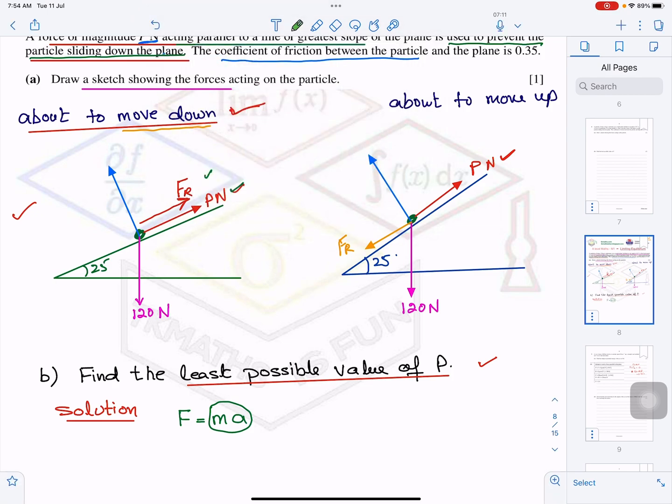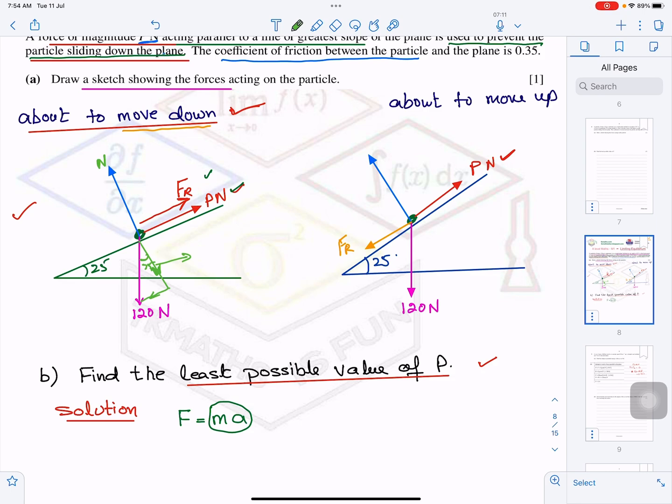I will resolve this weight force, which is 120, into components perpendicular and parallel to the plane. This angle is 25 degrees. So this downward force, which is opposite to the normal force, I'm writing it as N or R, whatever you want to write here.